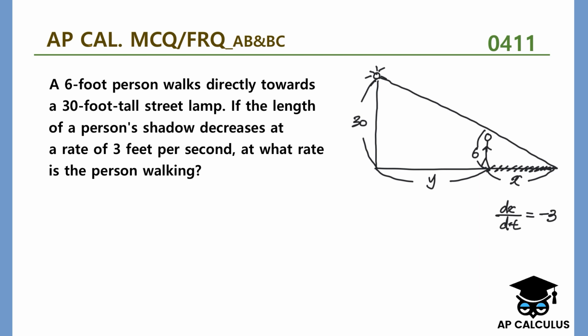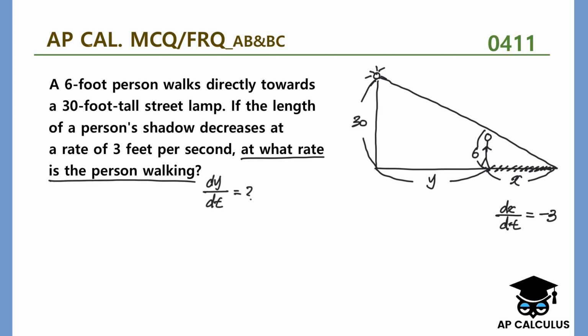Let's say the person is walking at a rate of 2 feet per second. This person is walking this way at a rate of 2 feet per second. That means the distance from the lamp to person is decreasing at 2 feet per second, right? So this question is asking us to find the change in distance between the lamp and the person with respect to time, right?